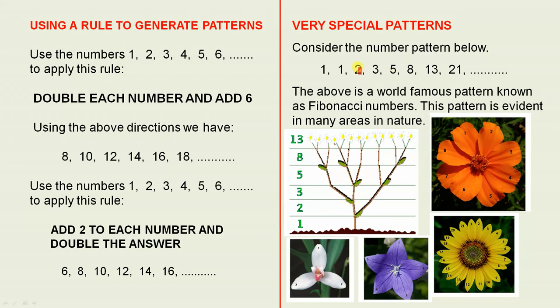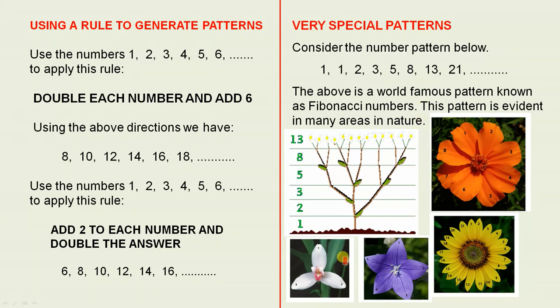As you keep moving up the tree, it splits into 3 branches. There's another Fibonacci number. As you keep moving up the tree, it keeps splitting into the number of branches which are equivalent to Fibonacci numbers. Now this doesn't happen with every single tree, but it's amazing how many trees actually follow this pattern.